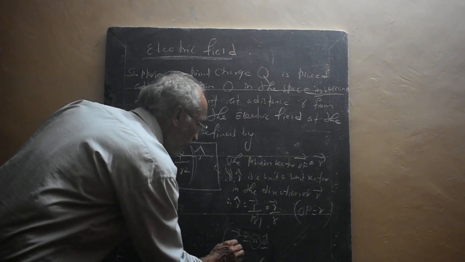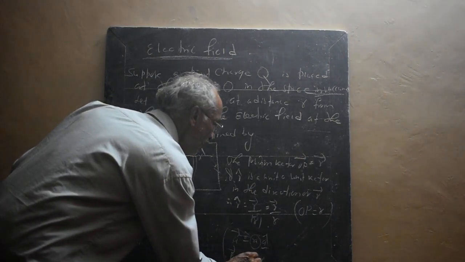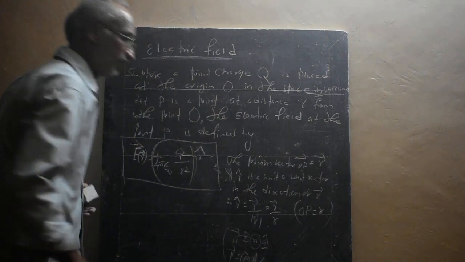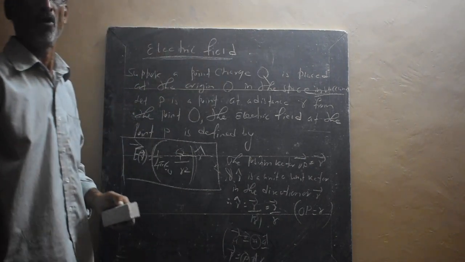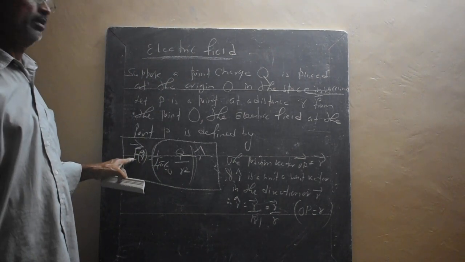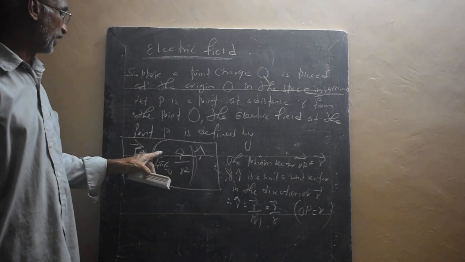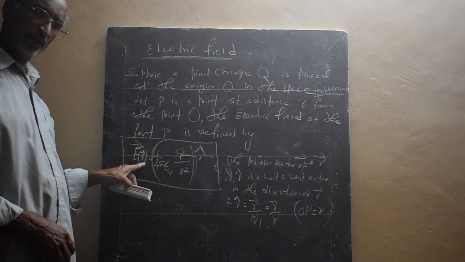Similarly, for example, the dipole moment P bar is equal to P into P cap, where P is the magnitude of the dipole moment and P cap is the direction of the dipole moment. So here E bar is a vector quantity, the electric field, and E bar of R bar is written.